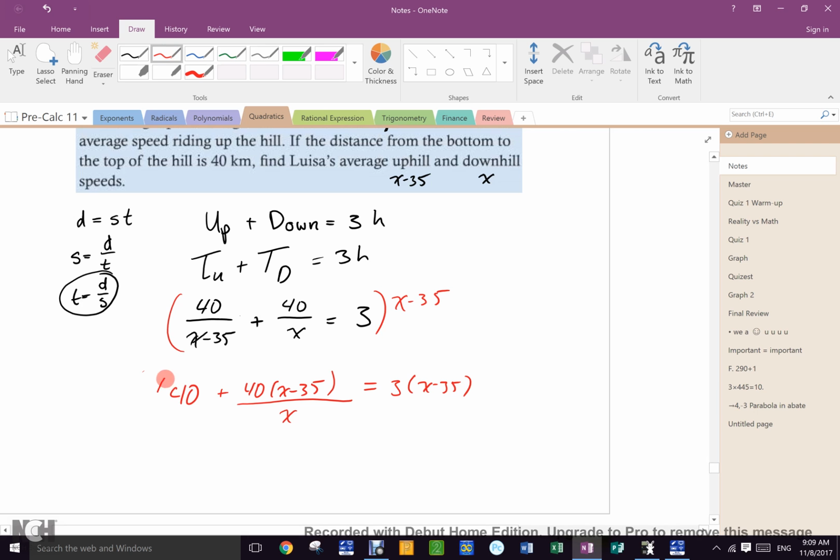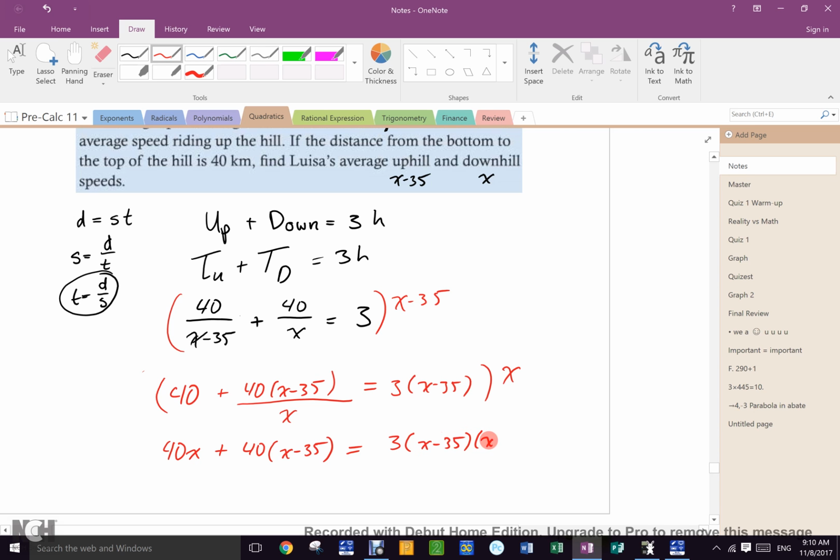Multiply everything by x. So what's 40 times x? 40x. What happens to these x's? They drop out, so it's 40 times x minus 35 equals 3 times x minus 35.